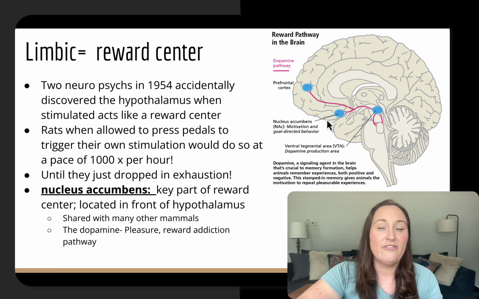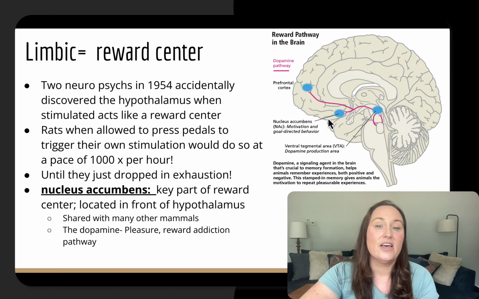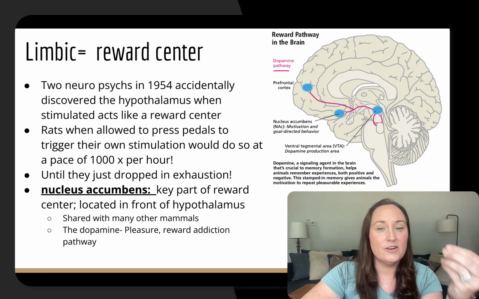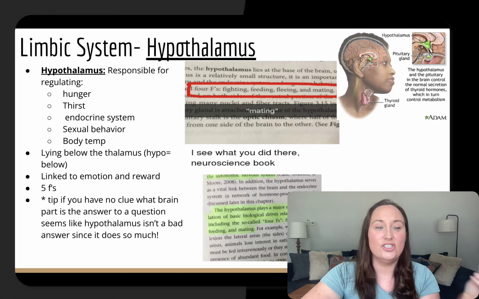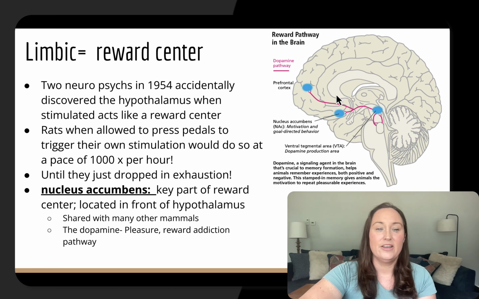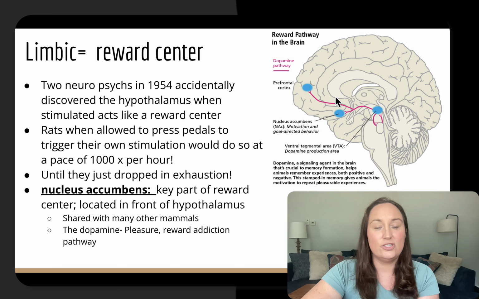So those 5 activities that the hypothalamus regulates, they are going to give us that pleasure reward neurotransmitter to tell us to do those things again. Do that again, okay? So again, it's not happiness, right? It's do that thing again.